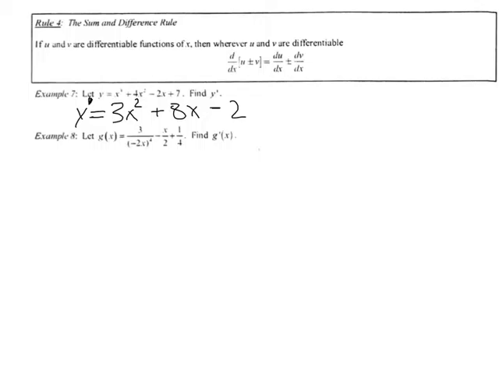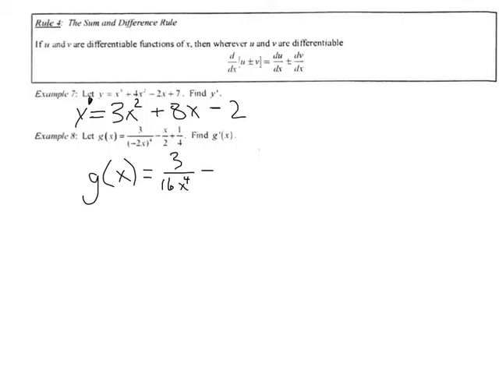Example 8, basically the same thing, just going to be a little bit more complicated as far as what the original looks like. So the first thing I'll do here is just rewrite g of x. The first part there would end up being a 3. If I raise everything to the 4th power, negative 2 to the 4th is positive 16, and x to the 4th.